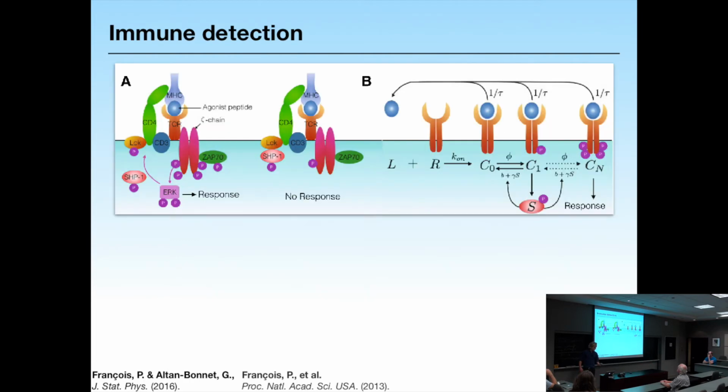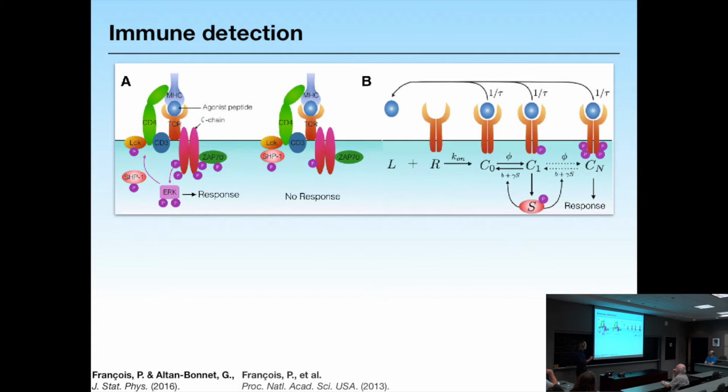So inside the cell, it looks as follows. We have this ligand, which is to be determined self or not self, that binds to the T cell receptor, after which the receptor is going to be phosphorylated by some enzymes in there. Among others, we have SHIP1, we have LCK, and some more that are not mentioned here. So you can imagine that's a large network of arrows pointing everywhere, and interactions among them.